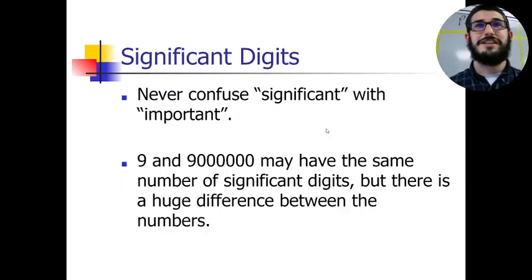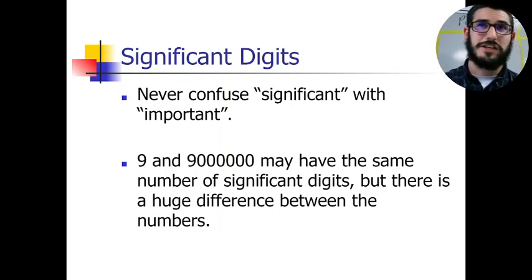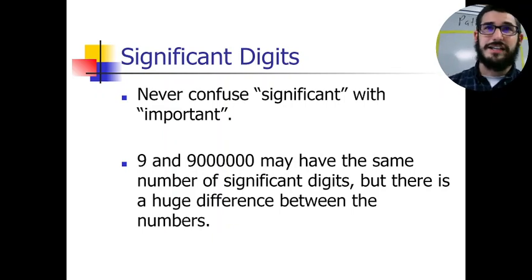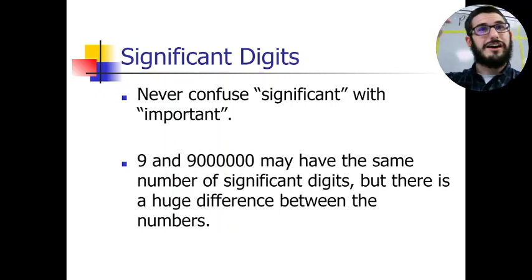So significant digits, one thing that I need to emphasize here is you'll never want to confuse significant with important, okay? Important is different than significant. If you look at 9 and 9 million, they have the same number of significant digits. There is a huge difference between them. So what I always say is if I work for an hour and I make $9, right?